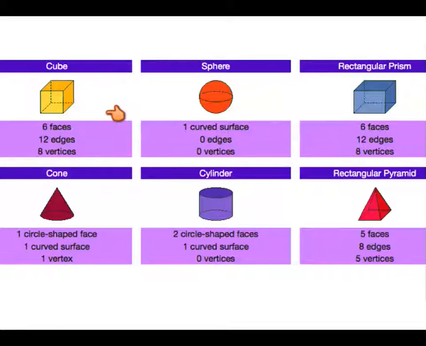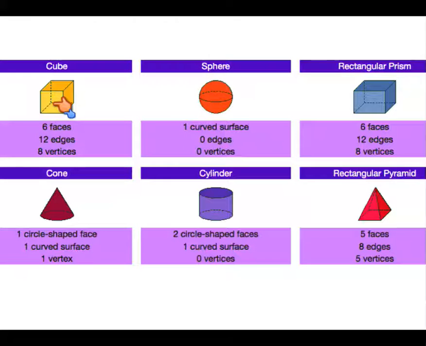If you have a cube in your block set, get it out and take a look at it. And if you don't have the block set, do you have a box nearby you? Is there a box or something that is sort of like the shape of a box? You can take a look at it because it will have faces. Okay, those are all the flat places.